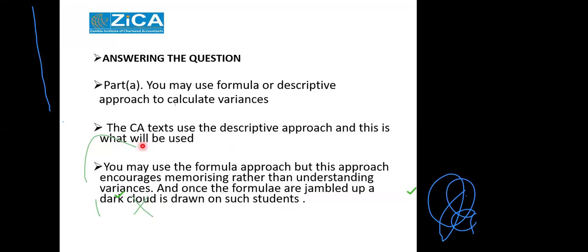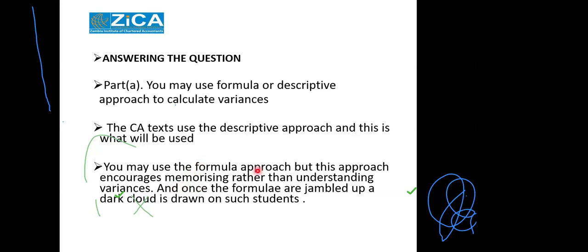The chartered accountant or ZICA text use the descriptive approach, and this is what I'll use. The descriptive approach is where you say what it cost and what it should have cost, and you find the difference. How much was used, what should have been used. How much time was taken, how much time should have been taken. That's the descriptive approach.